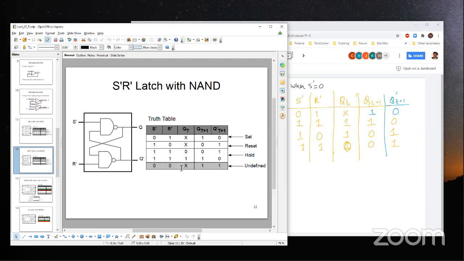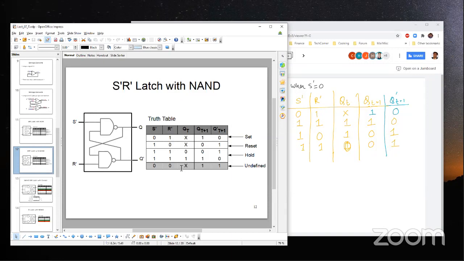Now from here, let's say you go to a hold condition, 1, 1. What will happen is either this one will act on this logic and turn it to 0, and that 0 will make this guy 1, or if this one acts faster on this guy, this guy will become 0 and this guy will become 1.